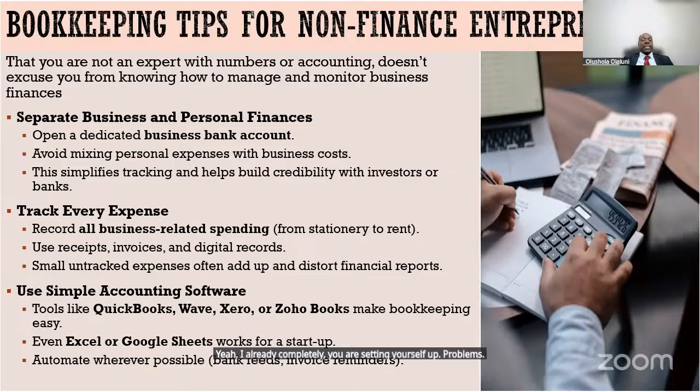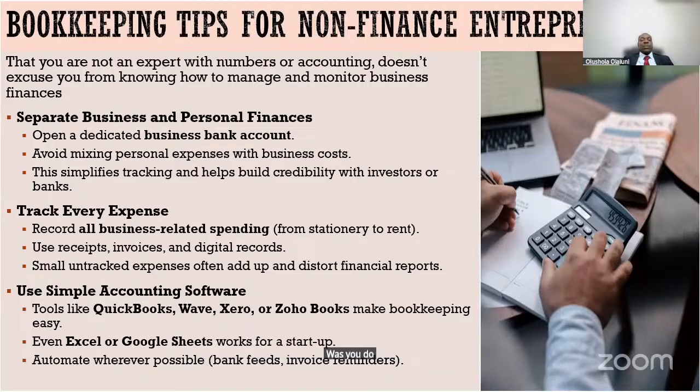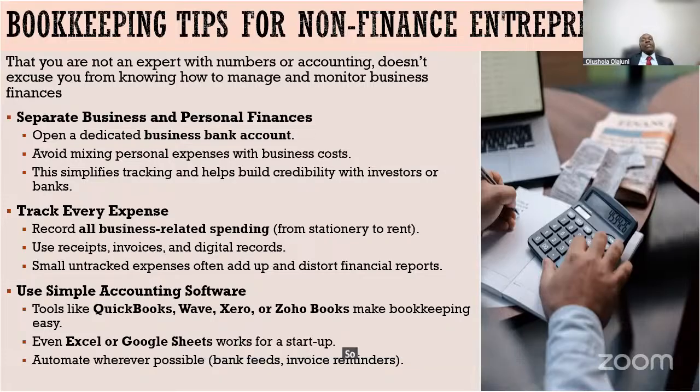Some people will do it and go away with it. But if you do something wrong for a very long time, over time, you mess yourself up. You can take that to the bank. If you do something wrong and you are consistent in doing something that is wrong, over time you mess yourself up. So except you are going to be funding your business from other sources, because what you are doing there is what we call drawing.